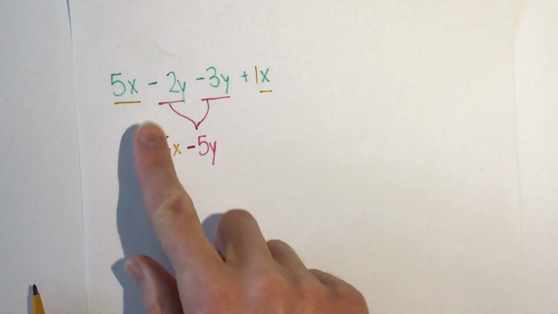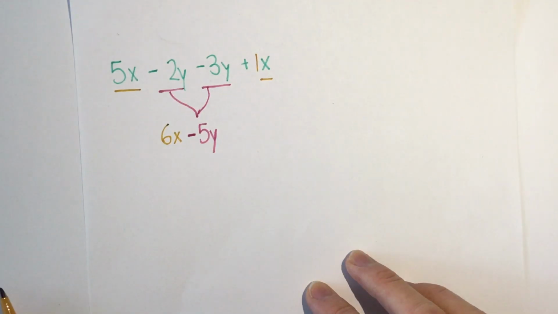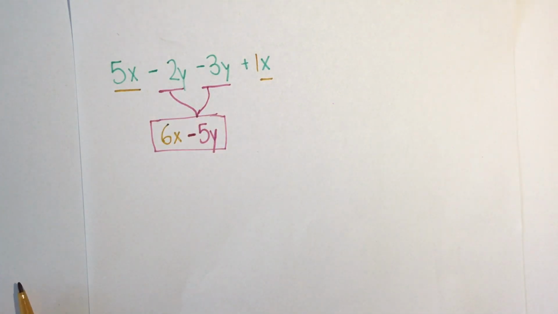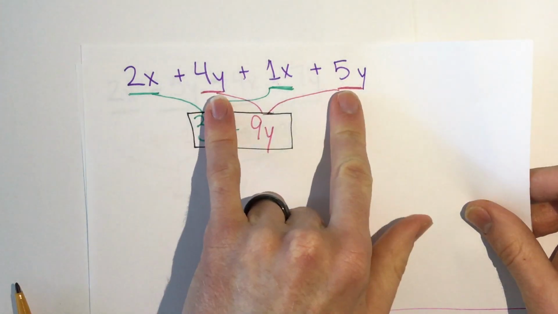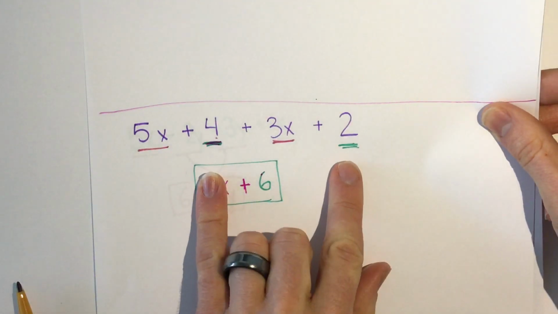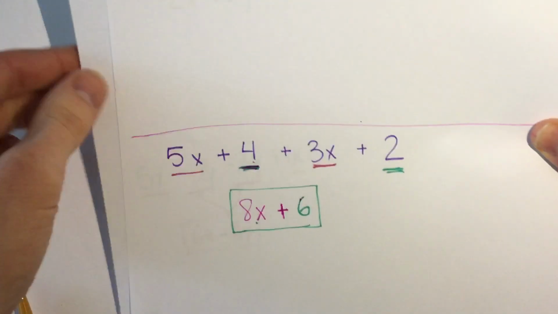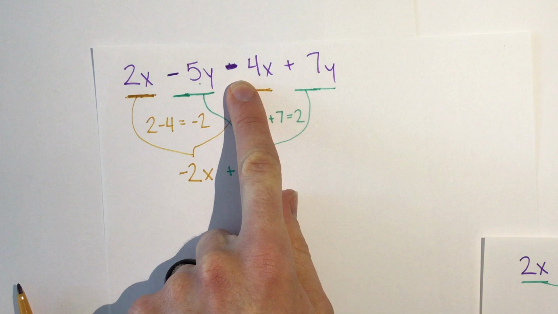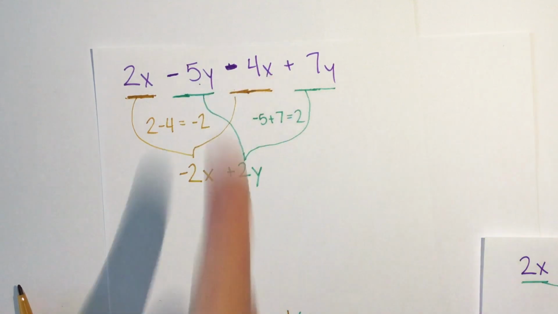So then our final answer here, 6x minus 5y. So we've seen how we can combine like terms, we identify the like variables or just the numbers and combine them, adding or subtracting. We want to make sure to always look at the left side of the term to know whether a number is positive or negative.